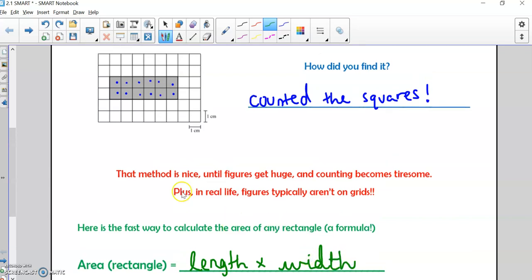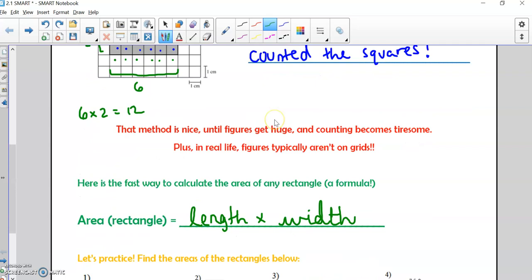If you look at this rectangle up here, the length is 1, 2, 3, 4, 5, 6, which is 6, and there were two rows, that's our width, and 6 times 2 also equals 12. It's a faster way to count, and sure enough, we got the same answer.